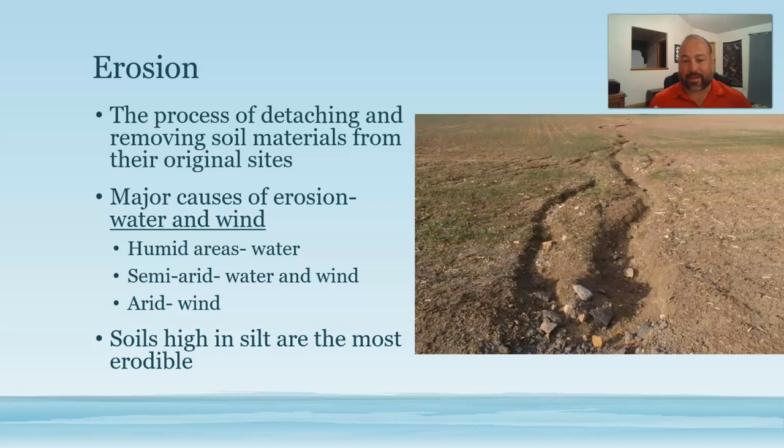That's something to always think about in the back of your mind as we go through this lecture, because we're going to talk about how we want to farm on these lands and all the different things we have to do to try and minimize erosion, because we're not going to be able to stop erosion, especially since it is a major problem in soils that are high in silt, which are the ones we love to farm in.